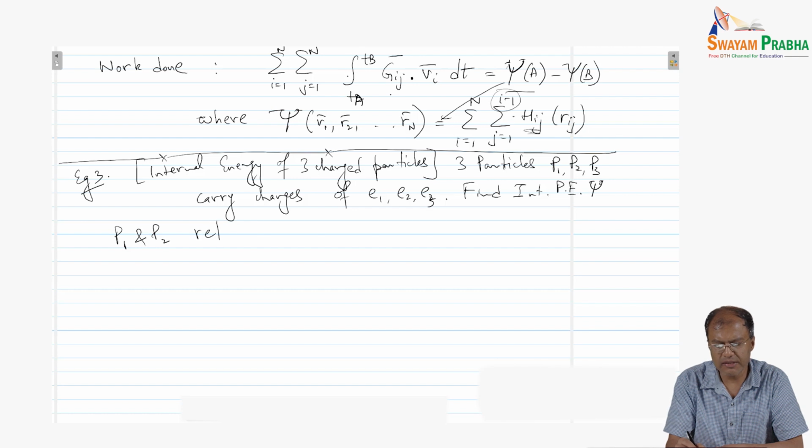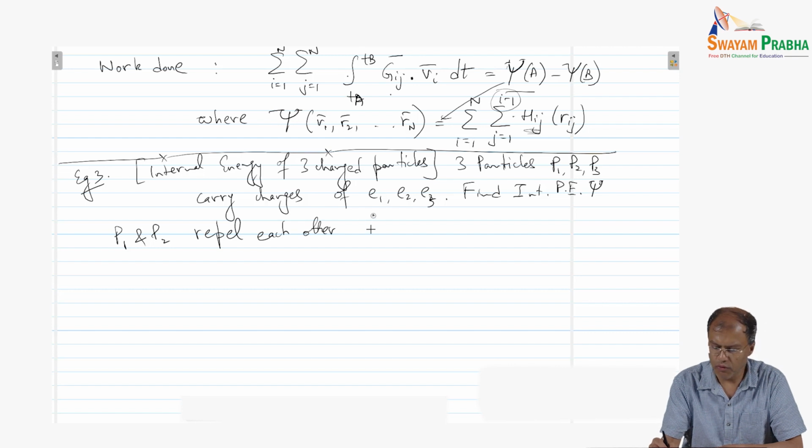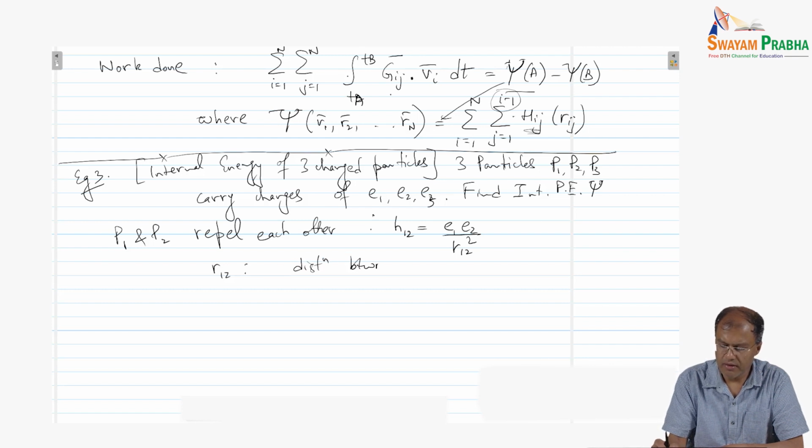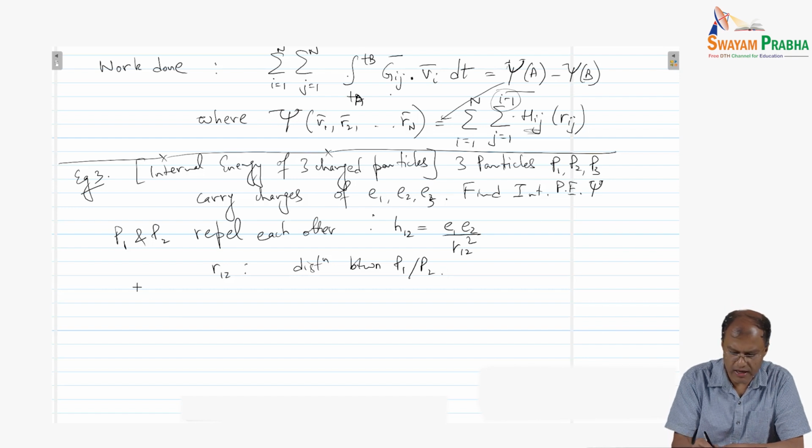Since they carry the same charges, they are going to repel each other with force H12 given by E1 E2 by R12 square, right? And R12 is the distance between P1 and P2, and H12 is given by small h12.